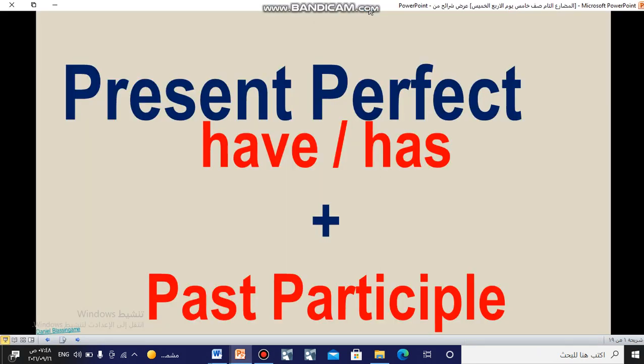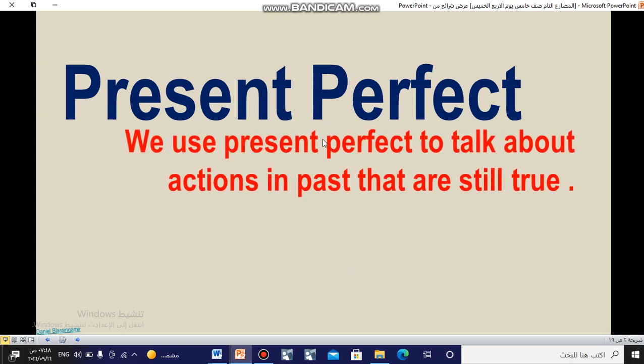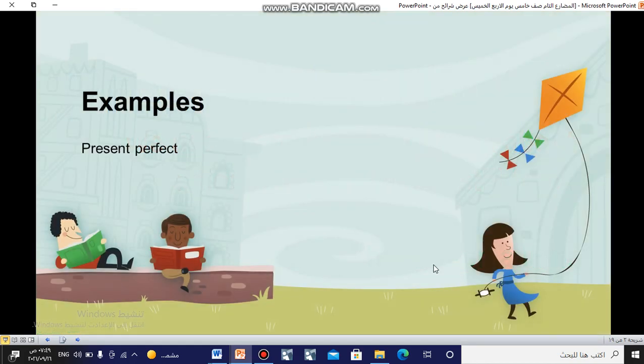Now we will move to talk about the present perfect, have, has, and the past participle. Why do we use the present perfect? We use it to talk about actions in the past that are still true, or to talk about our experience. Like this, I have seen a lion. Some examples.